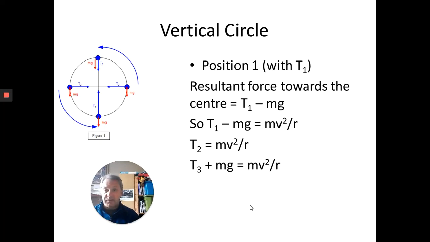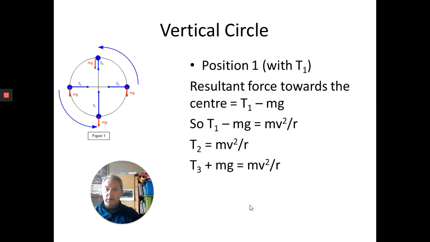And that's exactly the same on the opposite side, because we've also labelled that T2 on the diagram. When you get to the top position, the weight of the ball is acting downwards and the tension is acting downwards. So both of these are contributing towards the centripetal force. So T3 plus mg equals mv squared over r.